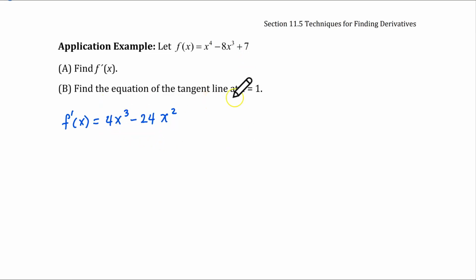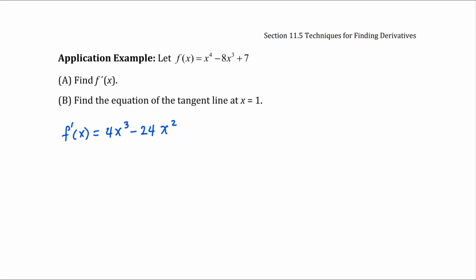Now to find the equation of the tangent line at x equals 1, we would need to compute the slope of the tangent line at this point. The slope of the tangent line is just the value of the derivative of the function at x equals 1. So therefore, m is equal to the derivative evaluated at x equals 1.